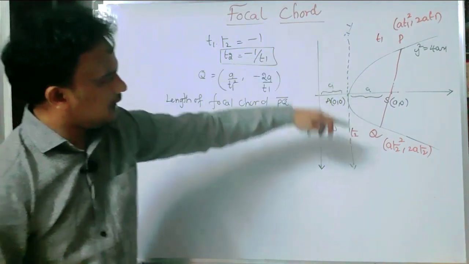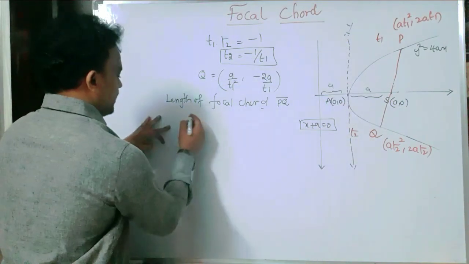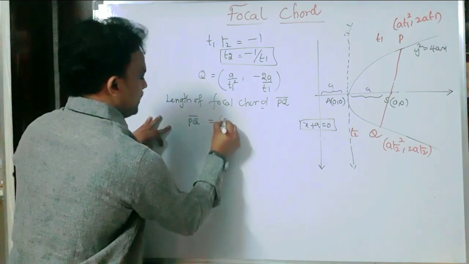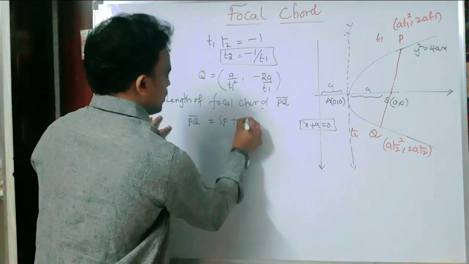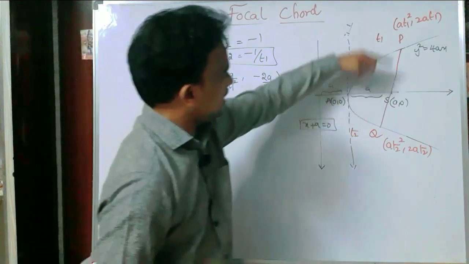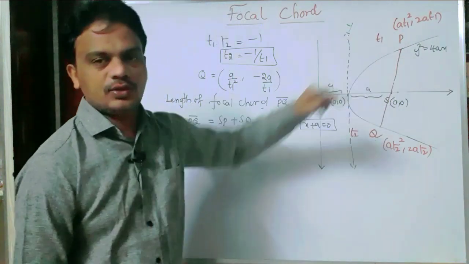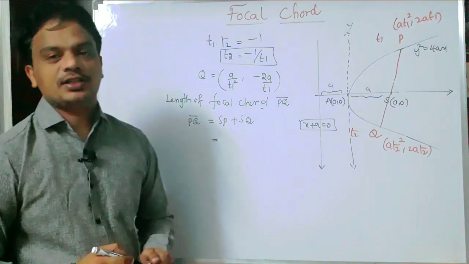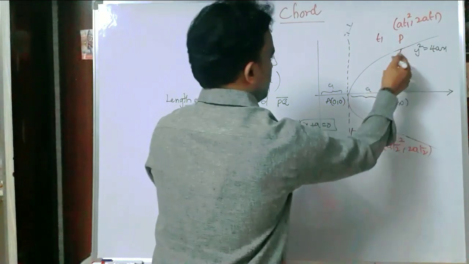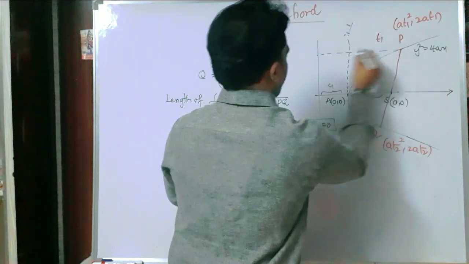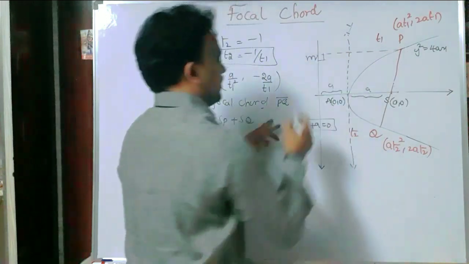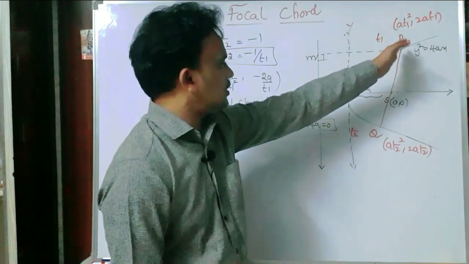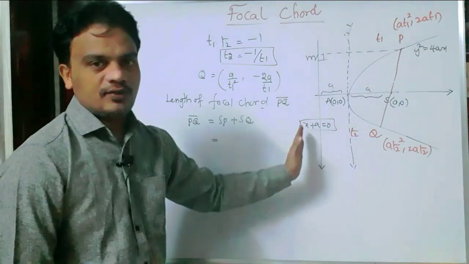Now it is very clear: the PQ length can be written as SP plus SQ. Together it gives the PQ length. As per the definition of the parabola, SP is equal to PM, where PM is the perpendicular distance from the point to the equation of the directrix.